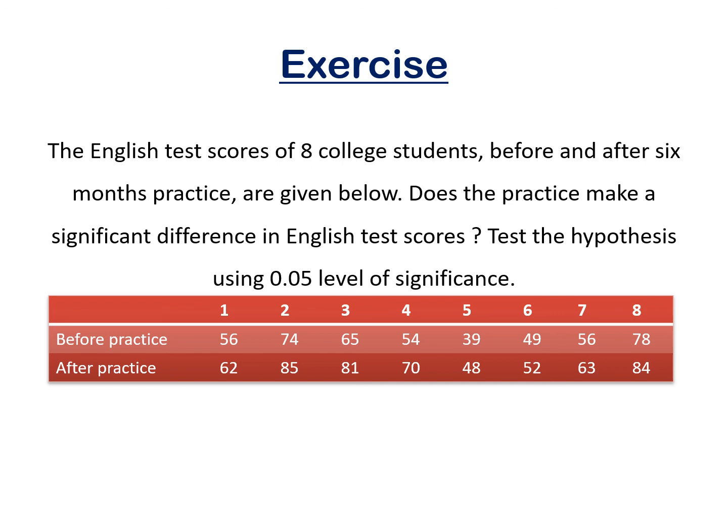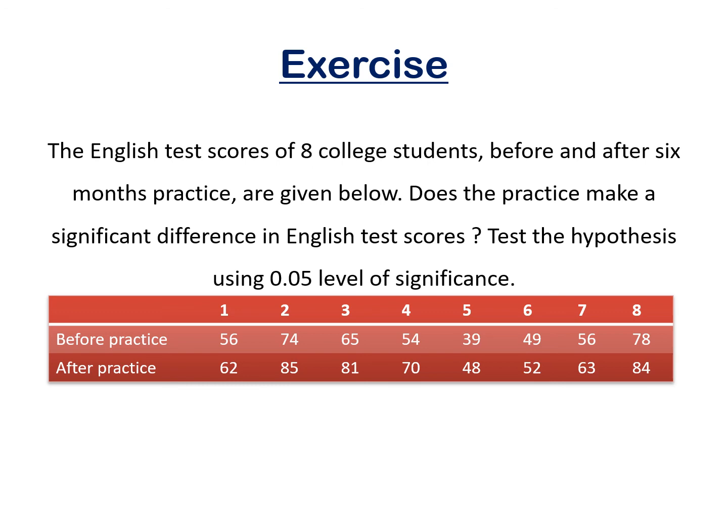Now, test the hypothesis means you have to compute inferential statistics using 0.05 level of significance. For this, you already have the t-test table. I have already provided it to you, so you won't have to worry about it.